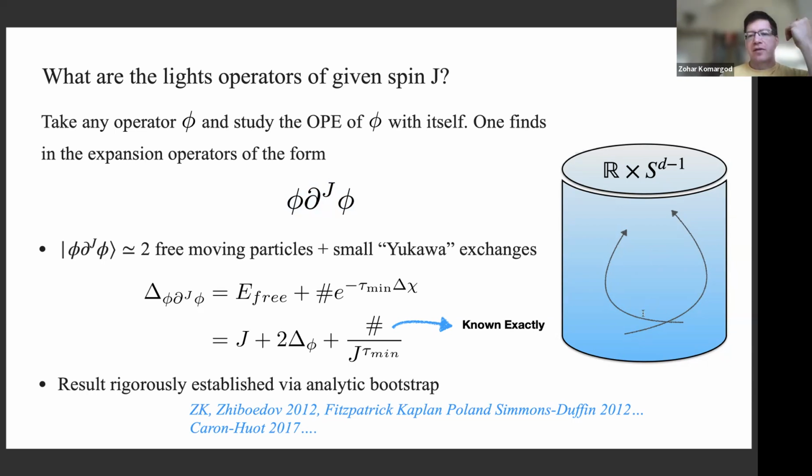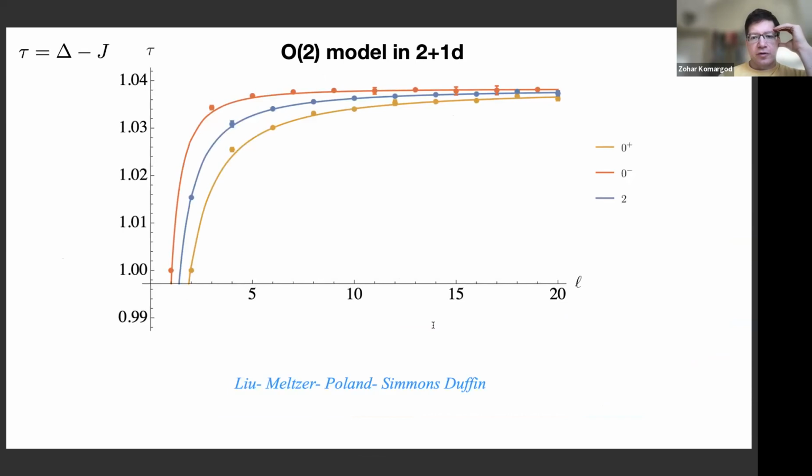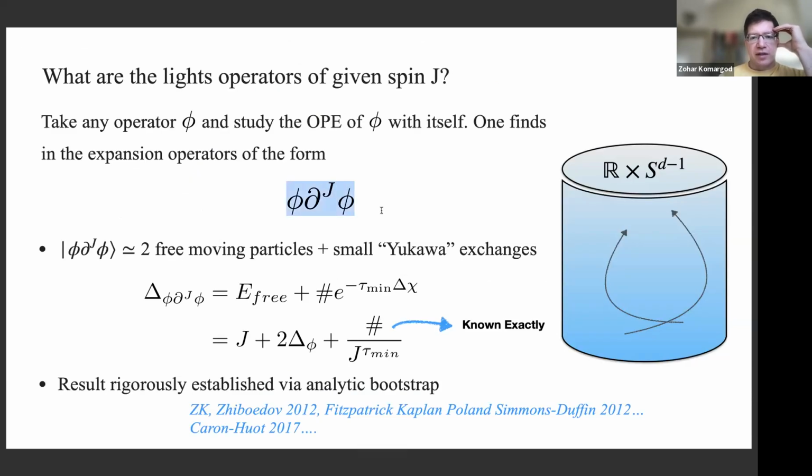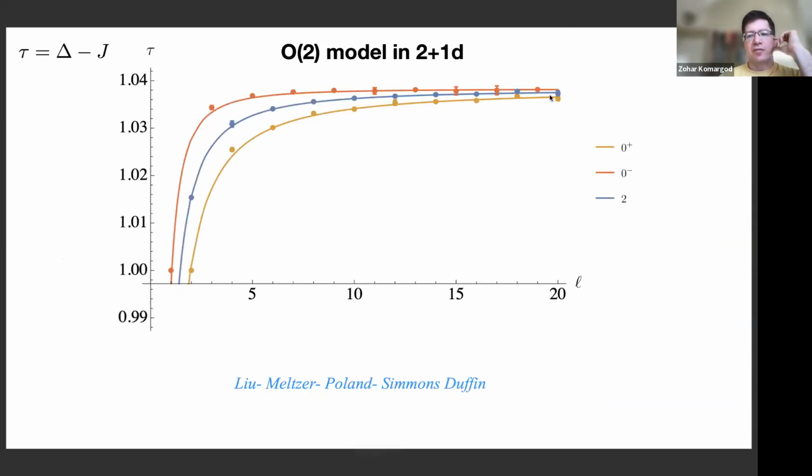And that is the ground state at given J, not a black hole, at least for large enough J. So this is a prediction for the ground state in the large spin limit. It's just about partons that are rotating around each other. Let's see if this agrees with experiment. Well, the experiment here is going to be some numerical experiment, not a real experiment yet.